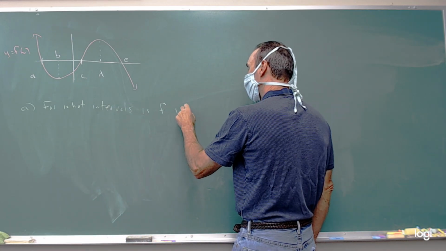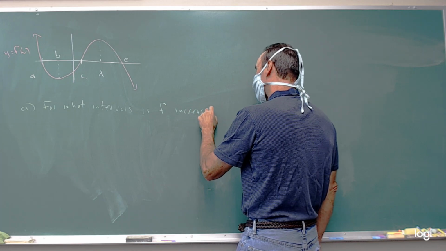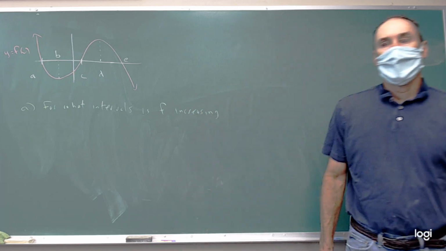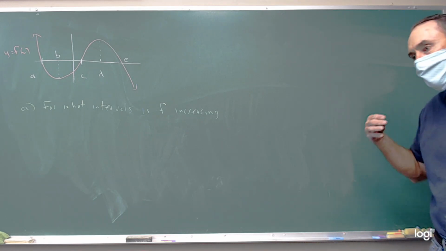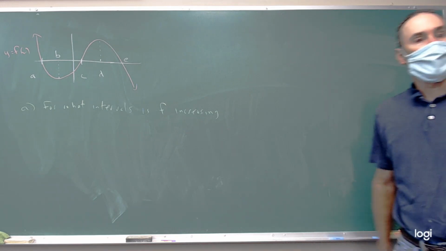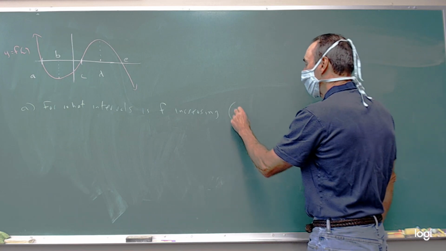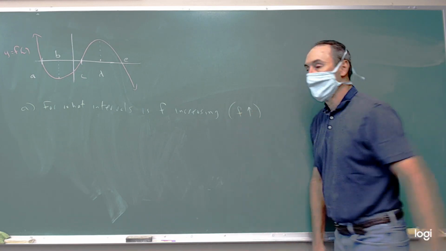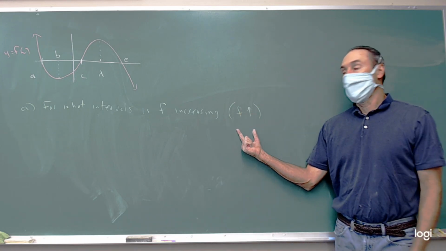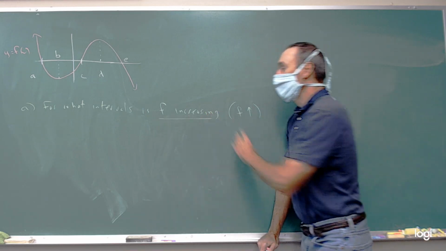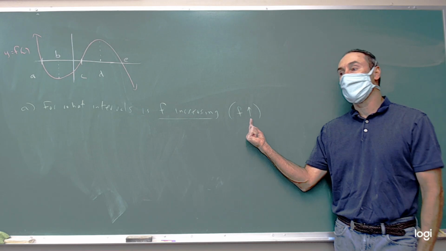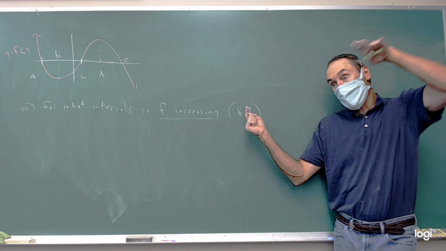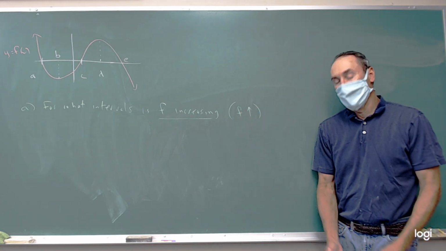I'm going to write out the word increasing, but this is another one where we do this so often, and mathematicians being, you choose, efficient or lazy, they abbreviate that. So if I use this symbolism, that means f is increasing. Now I don't have to write out the word increasing. I just put an arrow going up. That's implying that it's rising from left to right.